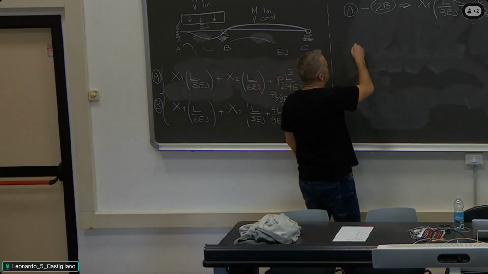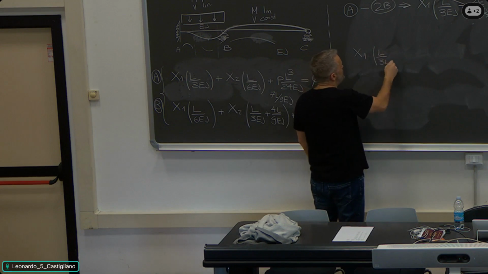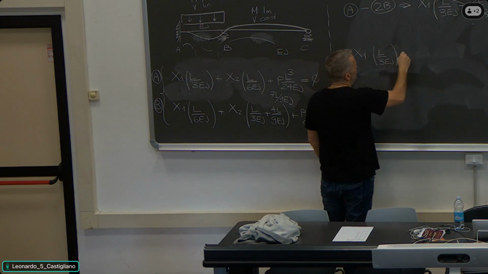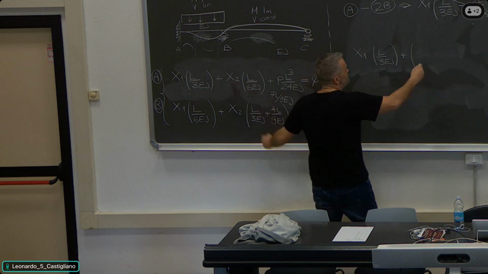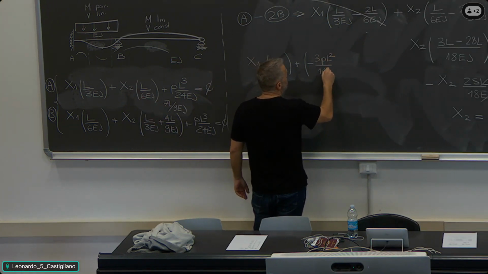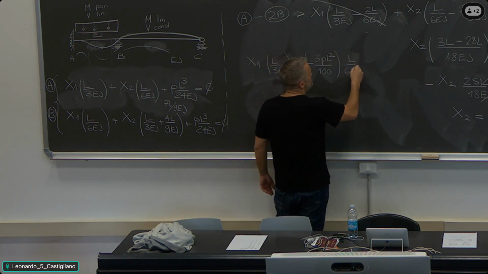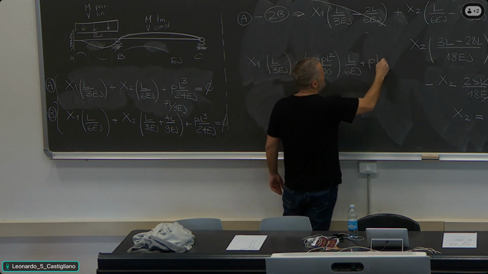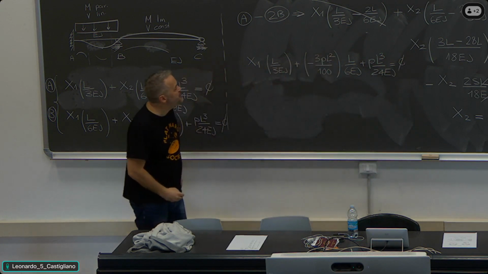So, x1 times L divided by 3EJ plus, I replace minus 3 over 100 PL square for x2, 3 PL square divided by 100 times L over 6 EJ plus PL to the power of 3 divided by 24 EJ equals 0.